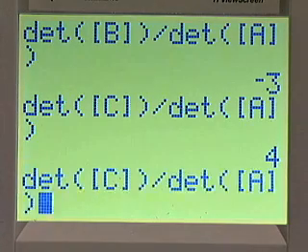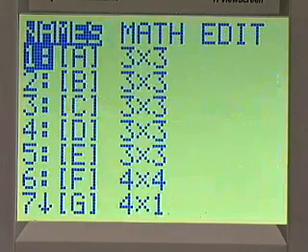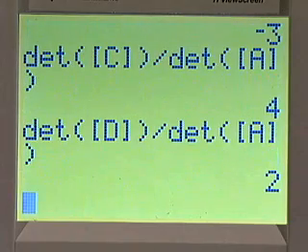Repeating again, and changing that to matrix D, I find out that I have 2. That's the solution to my system by Cramer's rule, using the graphing calculator to help us do the mathematics. X is -3, y is 4, and z is 2.